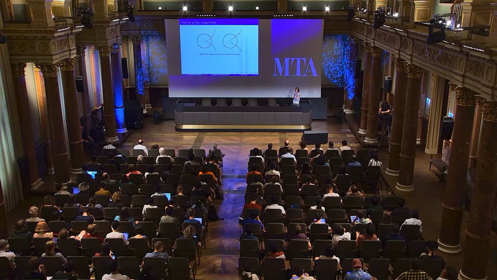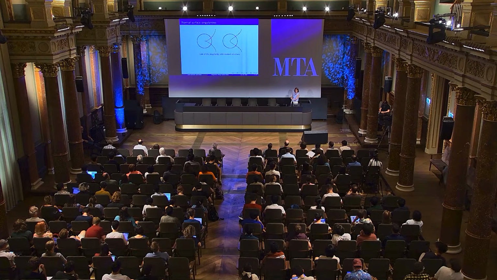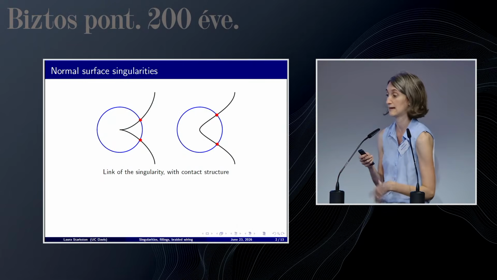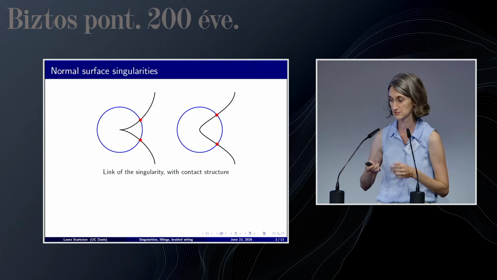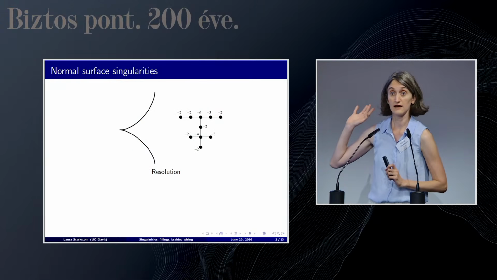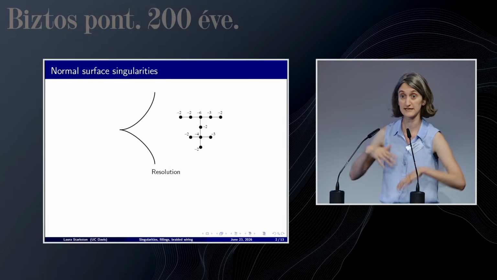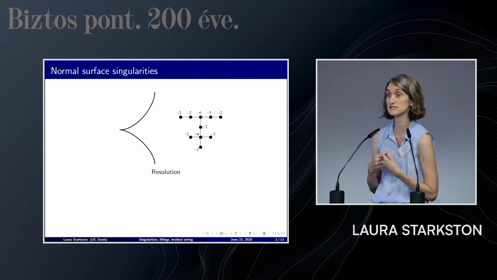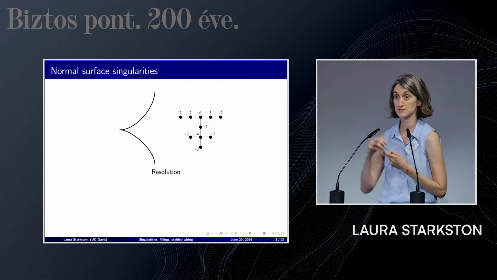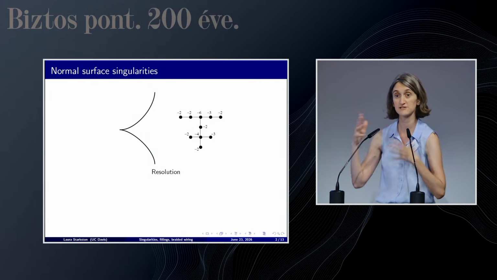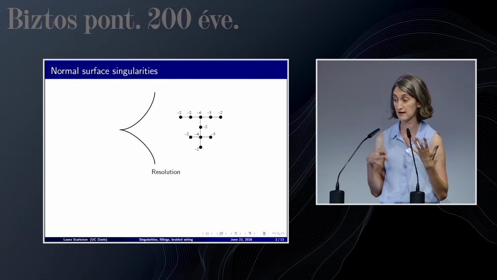So if you look at the ball around the singular point or the ball around the Milnor fiber, you have the same 3-manifold on the boundary. And then the other way to look at something associated to that singularity is to look at the resolution. So you blow up at the singular point until it's not singular anymore, and you look at the configuration of exceptional curves that come out of that.